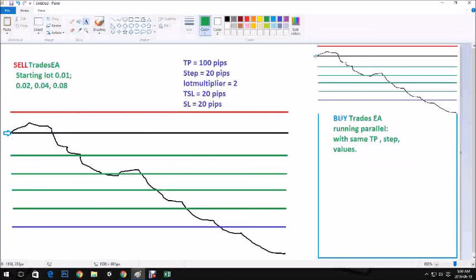These buy trades will also have a 100 pips target, a 20 pips step, a 20 pips trailing stop, a 20 pips stop loss, and increasing lot sizes for all of their trades, just like we discussed here.